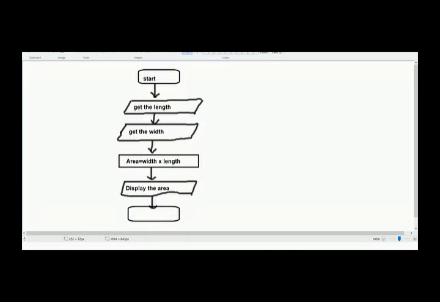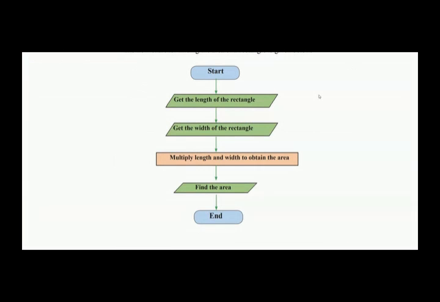So I'm going to write the end here. So that's it. That's my flow chart. It's very easy, isn't it? Yes, it's very easy. Okay, look at this. So this is the same thing. Here, instead of writing the formula, you can write the process in words as well.